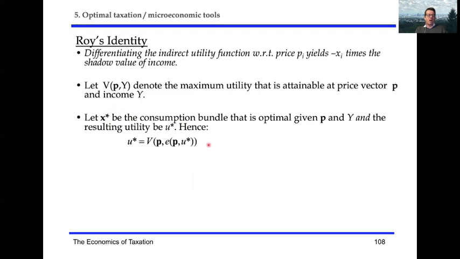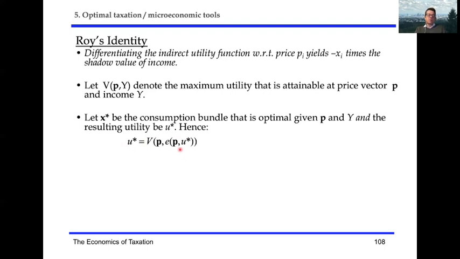Hence, we can write, at least if we adjust the income appropriately, that the maximum attainable utility is exactly this utility U star. What we have to do to make sure that this equation is right is plug in here the right amount of income.